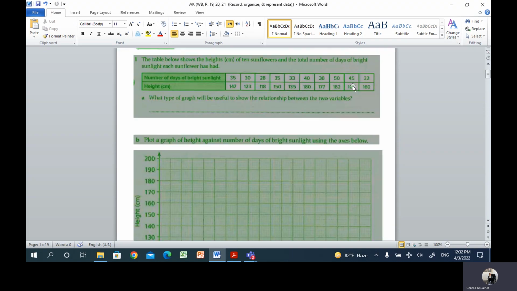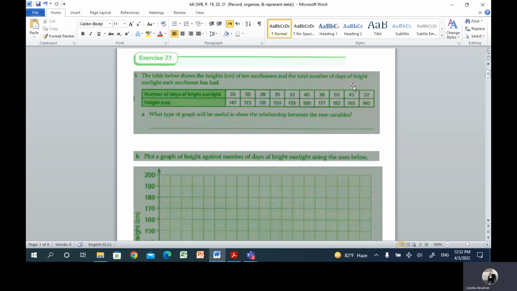So if we look here at the first question, they're giving us a table that represents the number of days of exposure to sunlight, and how that affects the height of a plant.